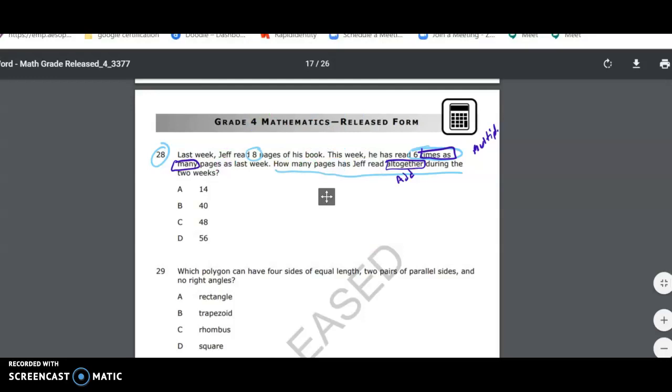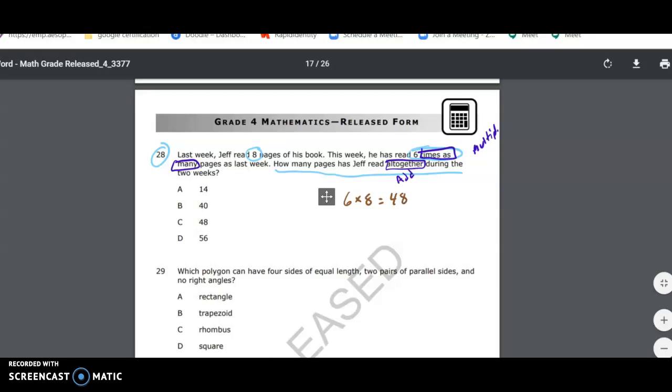Last week, Jeff read 8 pages of his book. This week, he read 6 times as many pages as last week. So let's figure out this week first. This week is 6 times as many as last week. So you have 6 times your 8. Knowing your math facts, you know that it's 6 groups of 8 or 8 groups of 6, and that's going to be 48.